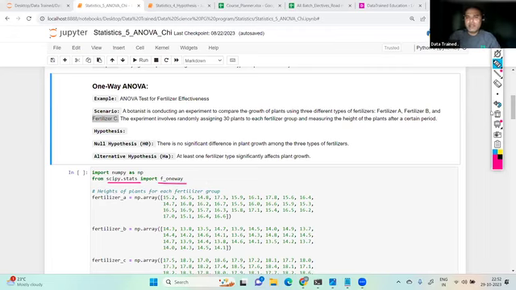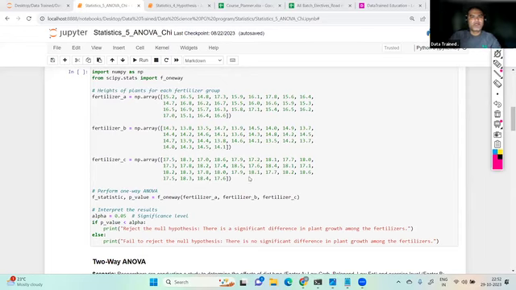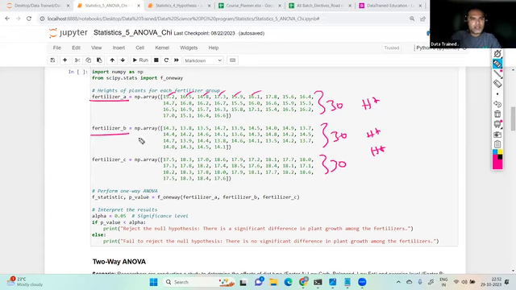What we'll do is manually create some data here: 30 plants, 1, 2, 3, 4, 5, 6. Likewise, we have 30 plants here, 30 here, 30 plants' height. For all these 30 plants, we used fertilizer A, fertilizer B, and fertilizer C.